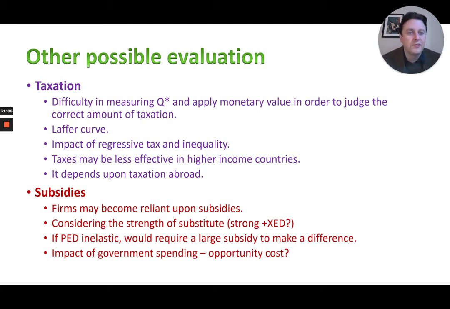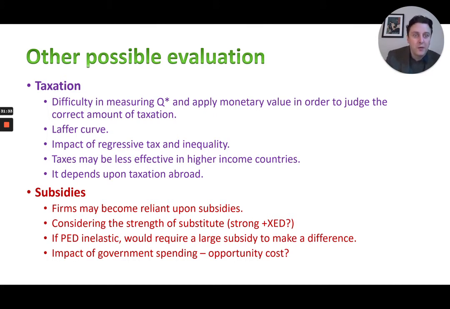How much is the most effective tax on cigarettes? What is the most ideal level of tax? Very difficult to judge because every single country in the world has different levels of taxation on tobacco. You could also have the Laffer curve in there, which I'll look at in a second. We could talk about the impact of regressive taxes on income inequality.